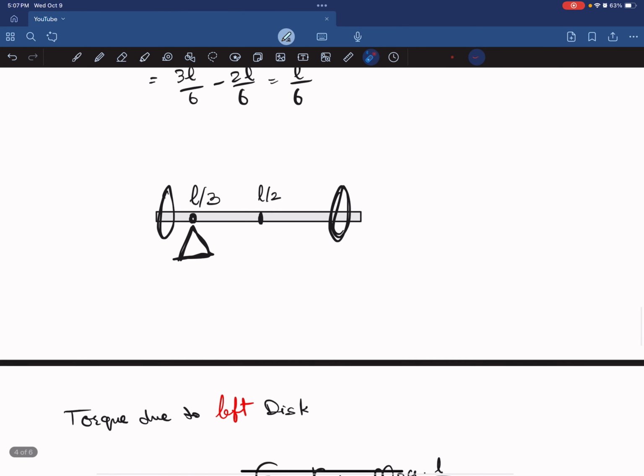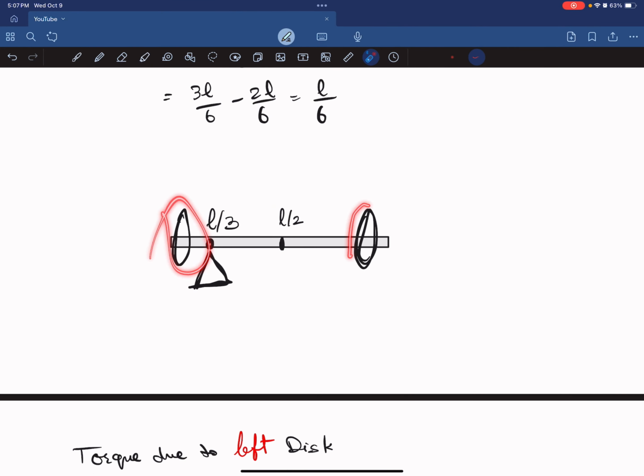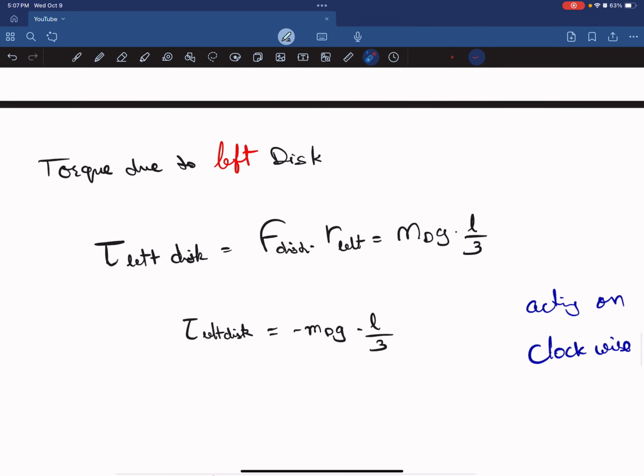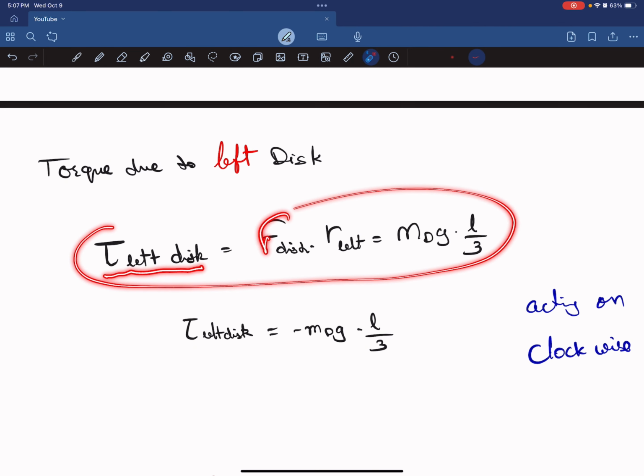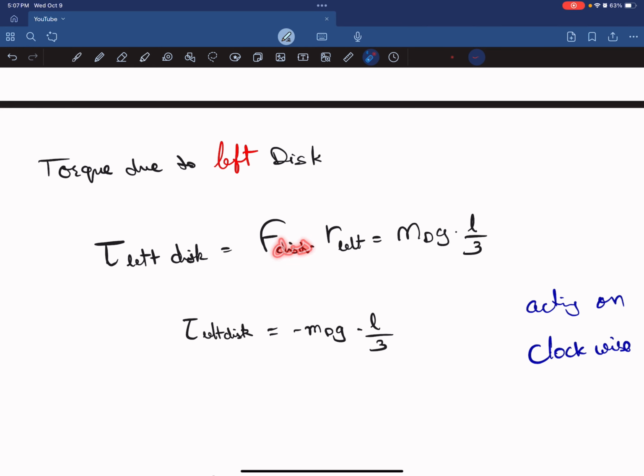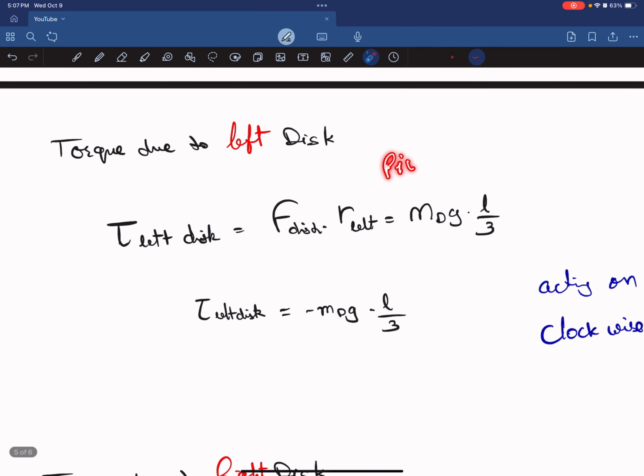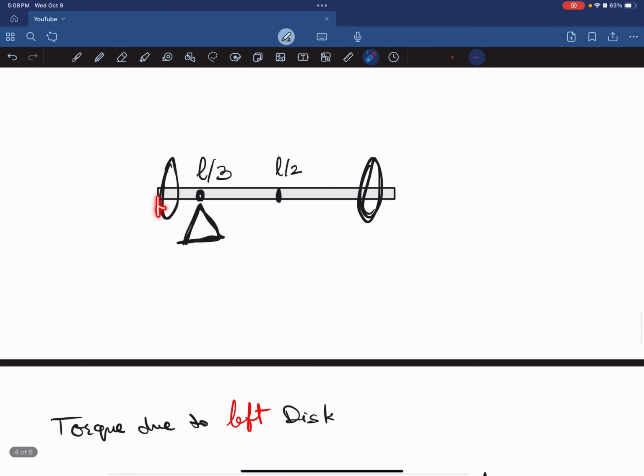Now we'll find the torque due to the left disc. To find the torque due to the left disc, we have this equation: tau left disc is equal to the force due to the disc times the distance of the left disc from the pivot. So it's basically this distance.